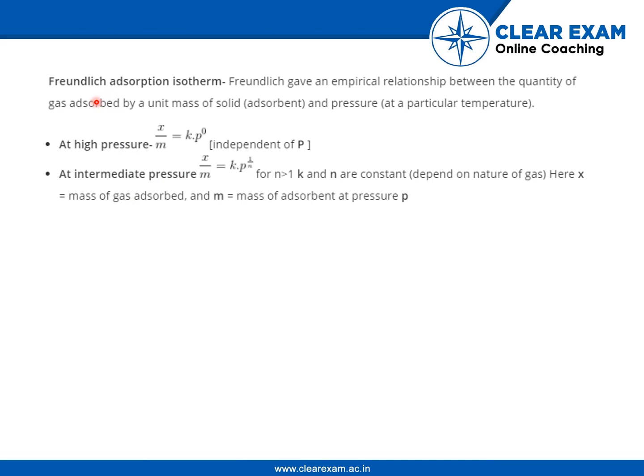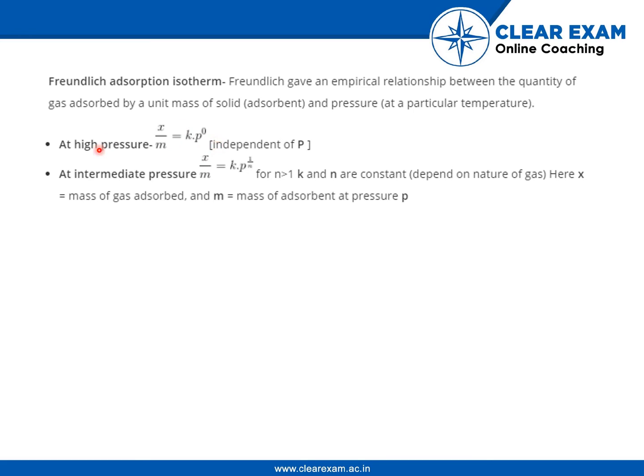What is the Freundlich adsorption isotherm? Freundlich gave an empirical relation between the quantity of gas adsorbed by a unit mass of solid, you can also say adsorbent, and pressure at a particular temperature. At high pressure, x by m is equal to k p power 0, so x by m is equal to k.